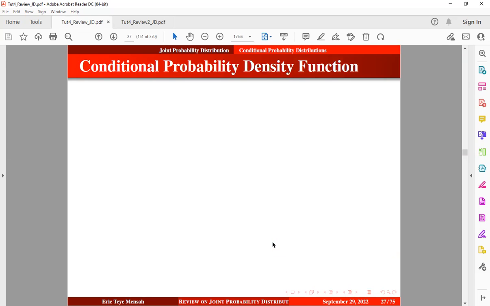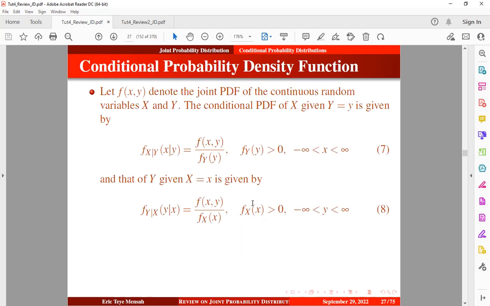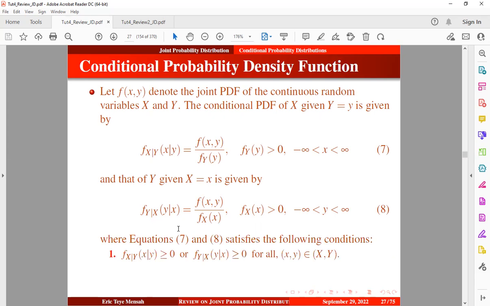All right, so now on the conditional probability density function, this is for the continuous case. Let f of x, y denote the joint PDF of the continuous random variables x and y. The conditional PDF of x given y is given by equation 7, and that of the conditional PDF of y given that x is equal to a particular value of x is given by equation 8. This must satisfy the following conditions.